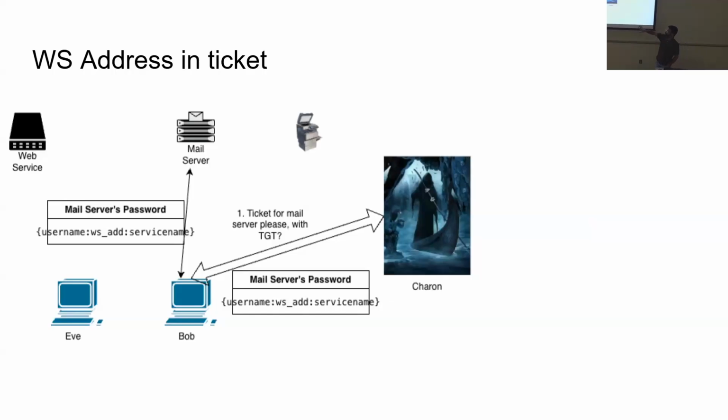In addition to username and service name, we also add the workstation address, so that even if Eve tries to sniff that particular service ticket from the network, she still will not be able to make a successful request to the mail server, because Eve's IP address will not match Bob's IP address, and whenever the mail server decrypts the ticket, because of the mismatch of the IP addresses, it will just discard that ticket. So that improves our system a little bit.